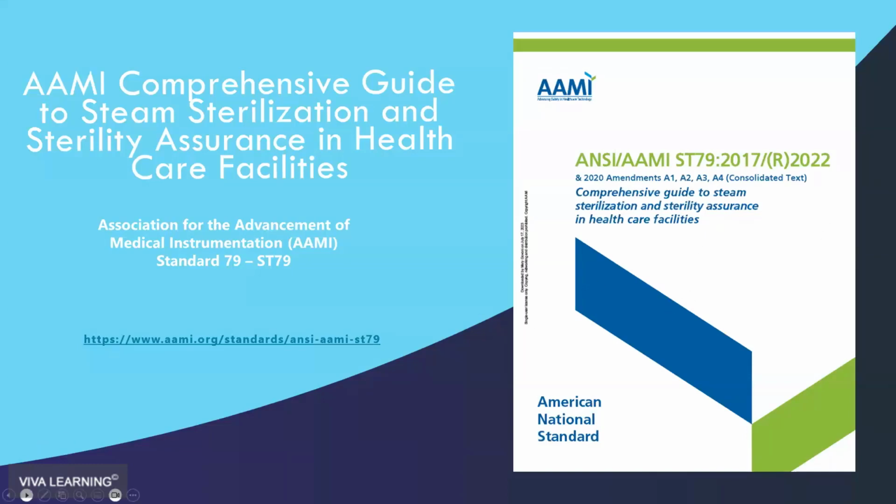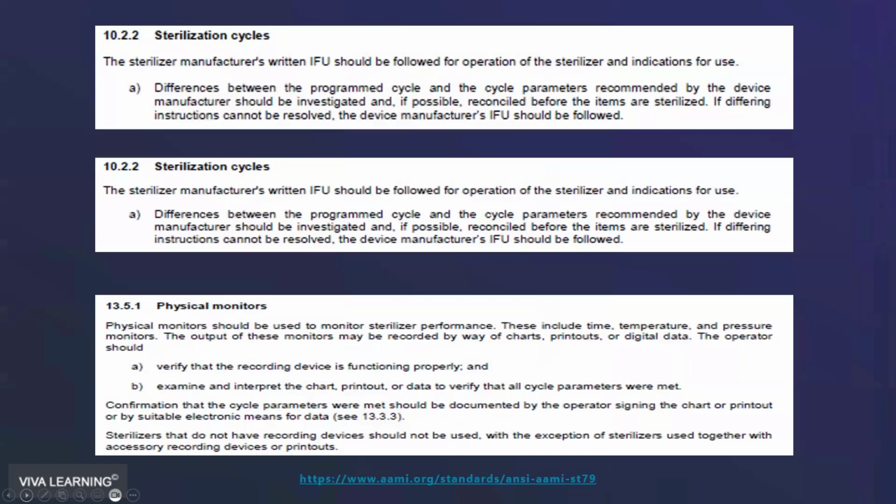So AAMI is very specific, and here's some language from their standard about following the manufacturer's IFUs, or instructions for use, on how to operate the sterilizer, which cycles you should use and which parameters, depending on what you are sterilizing and what they're indicated for.